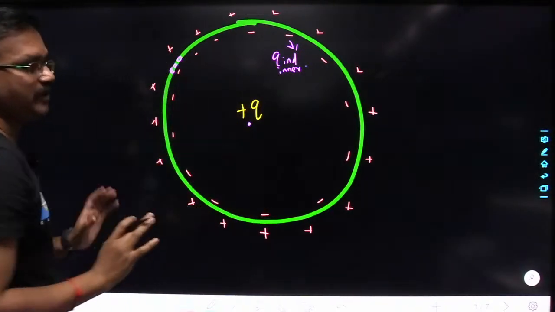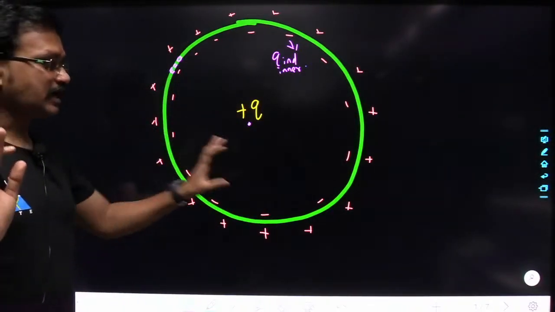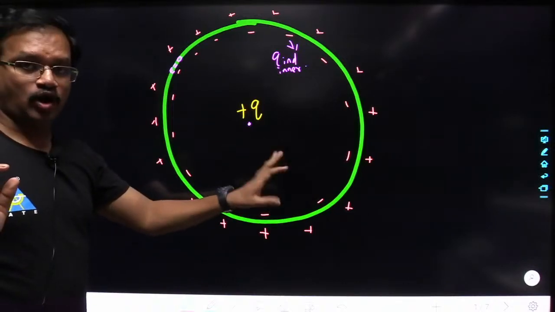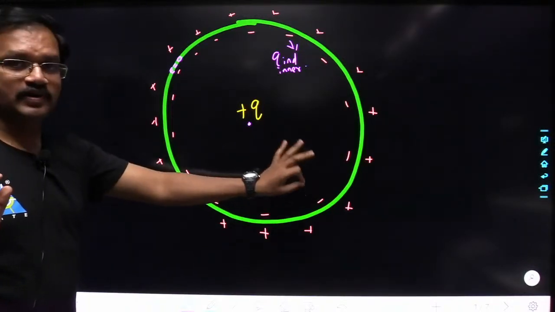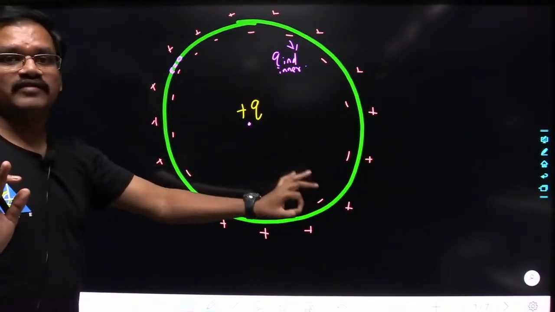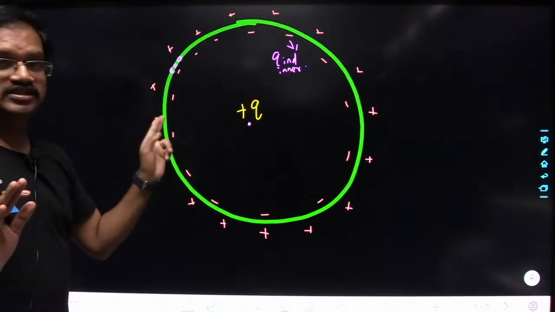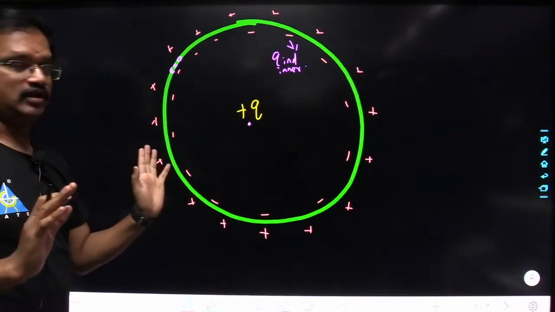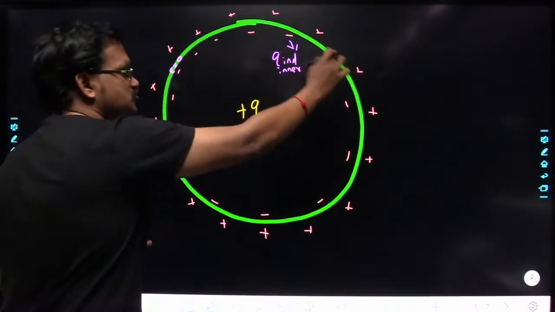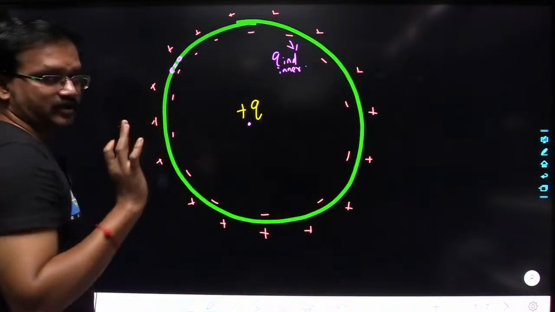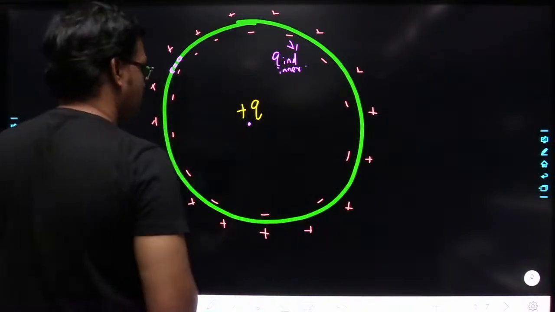That we know here. The isolated perfect conducting material will never ever allow the electric field to exist inside the conducting material. So the electric field must be equal to 0 inside the conducting material, right? So now see here.